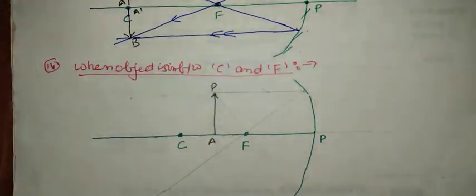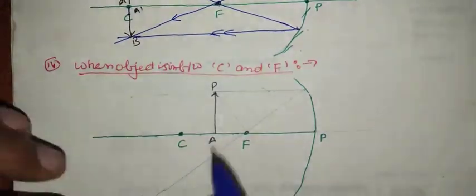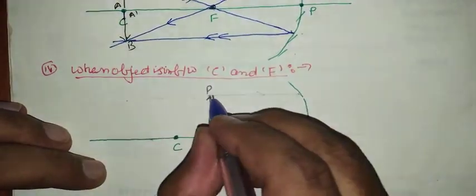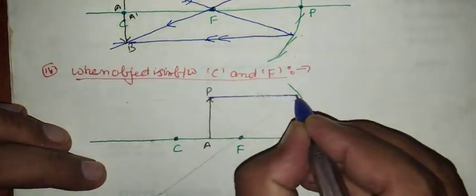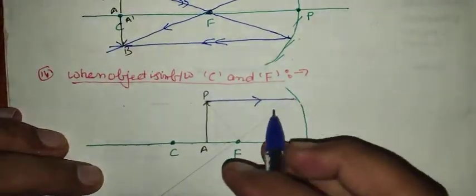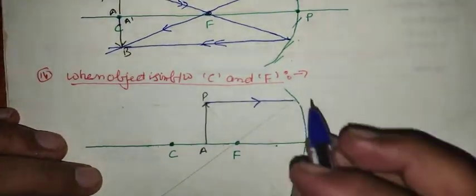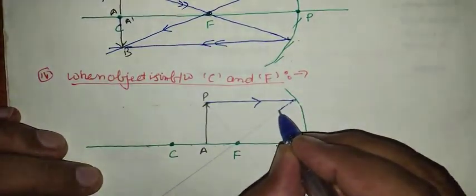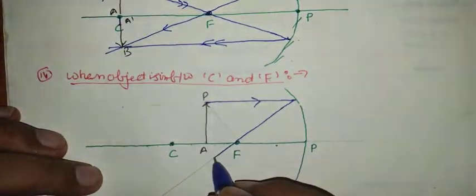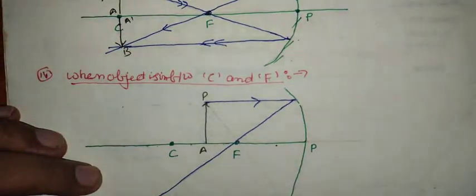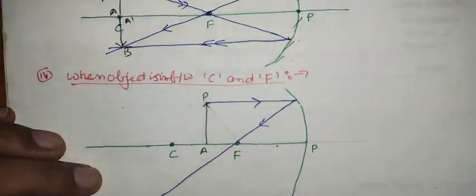So to make it, see here, the first ray we are going to take is parallel to the principal axis. The rule is it always passes through the focal point.